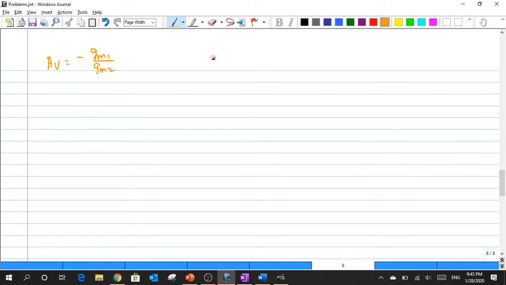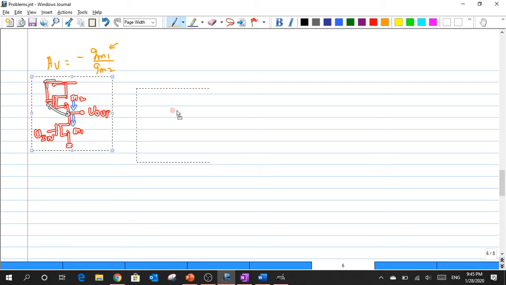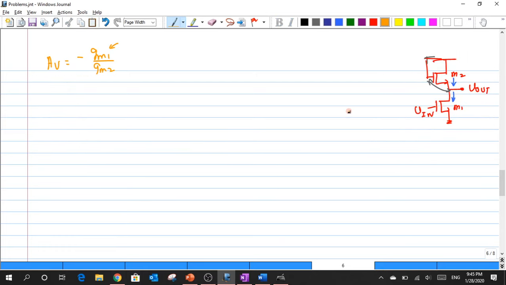Currently we know that this transistor M1 is not in the saturation regime, so I cannot use the forms that I spelled out earlier. We have to again compute the value of GM1 for a transistor that has been operated in this region. The definition of GM in general is the partial derivative of ID with respect to VGS, the Q point of the VGS.